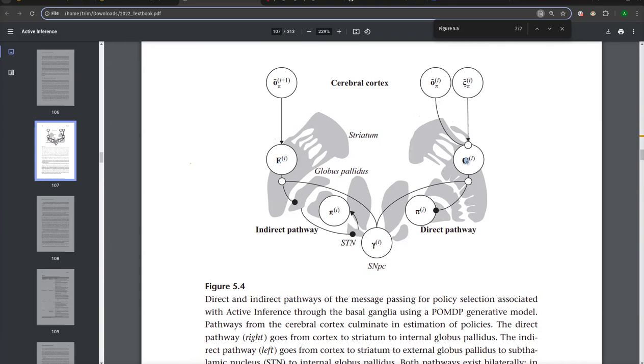On the right is the expected free energy calculation, which is discussed more in the first half of the book. And we can look at implementations in PyMDP or in other implementations in this phase of activity.